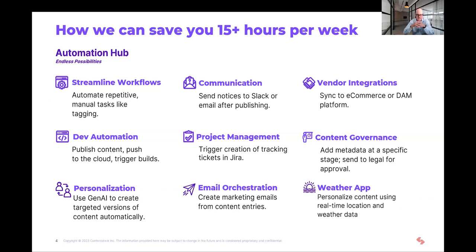As I said, I think there's a tremendous amount of cost savings, and we'll go into more in the demo, but here are some of the thumbnail ways that we see Automation Hub being used, well, all of these. Communication comes to mind. I've seen numerous companies use it for localization.